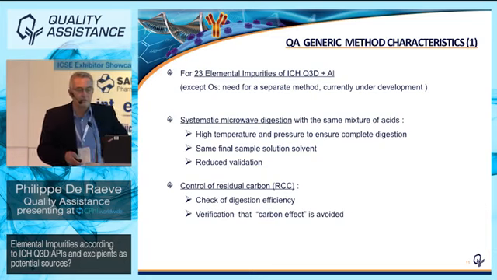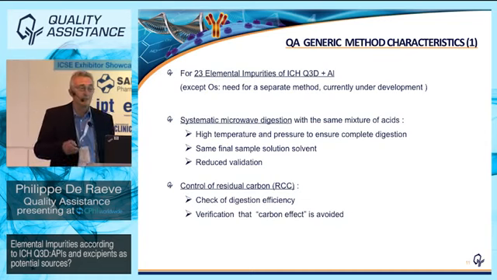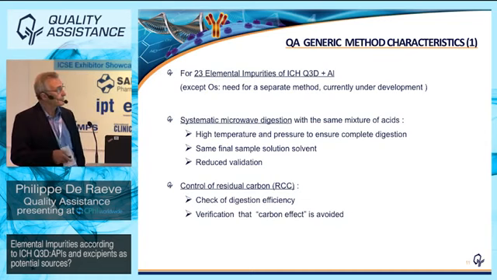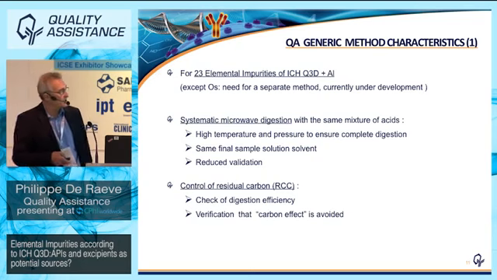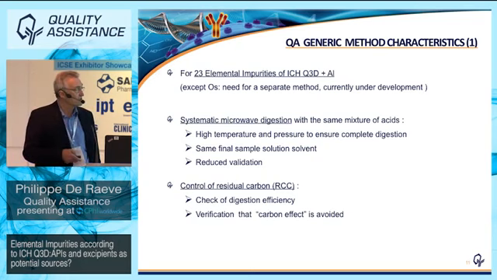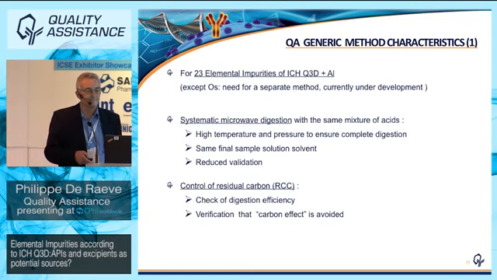We use high temperature and pressure to ensure a complete digestion of the sample, resulting in the same final sample solution solvent, allowing reduced validation. There is also a control for each sample of the residual carbon content in order to check the digestion efficiency and also to verify that any carbon effect is not present.